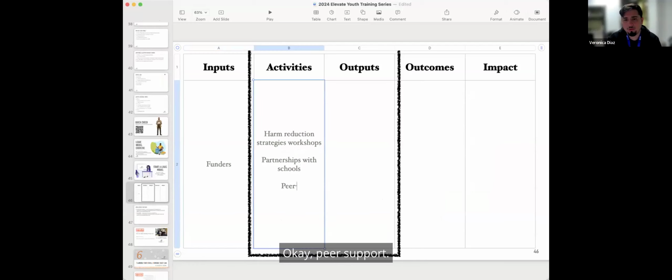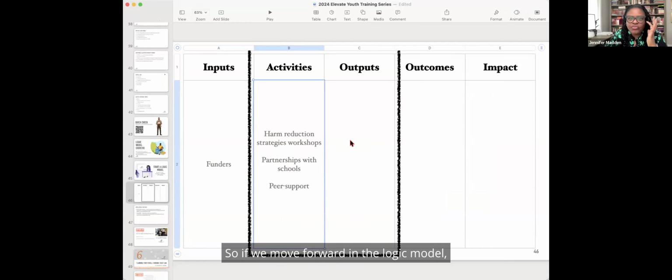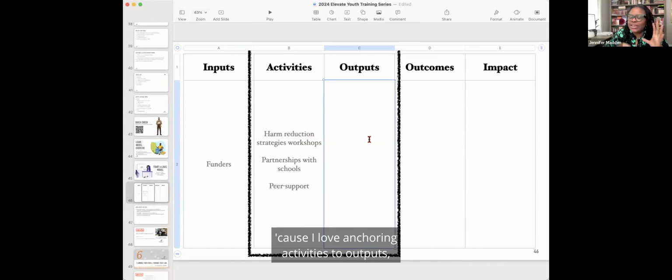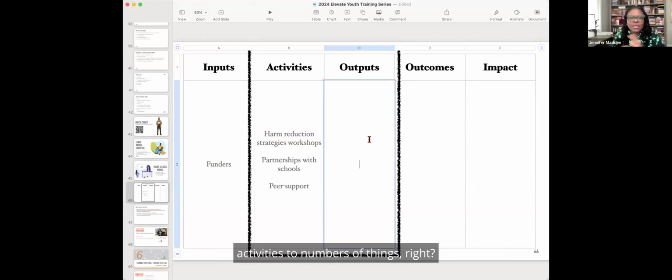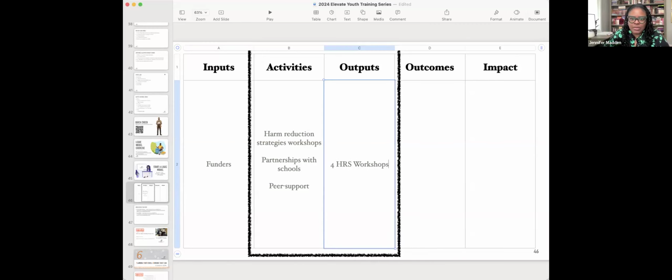Mentoring, okay, peer support. And even if we started there, right? So if we move forward in the logic model, because I love anchoring activities to outputs, activities to numbers of things, right? So harm reduction strategies workshops. Maybe you're going to do 1 a quarter. So you're going to do 4 harm reduction strategies workshops, right?